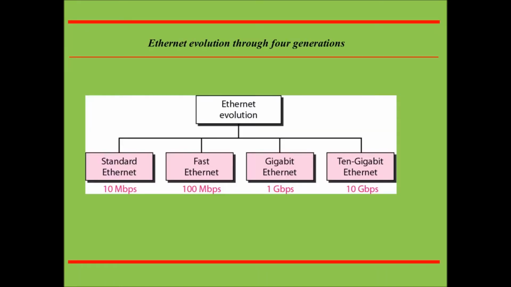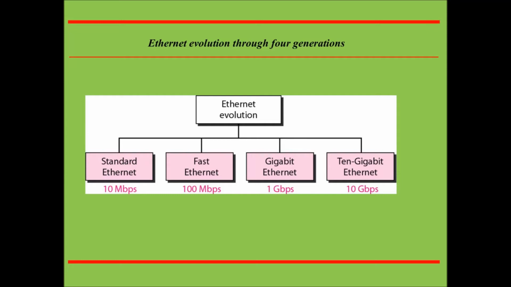Ethernet evolution through 4 generations: standard Ethernet, fast Ethernet, gigabit Ethernet, and 10 gigabit Ethernet. So whenever we use a local area network, data is being transmitted among different devices, we observe the speed of Ethernet, or the speed of data transmission. If there is standard Ethernet, the data transmission speed will be 10 megabits per second. In fast Ethernet, this is 100 megabits per second.